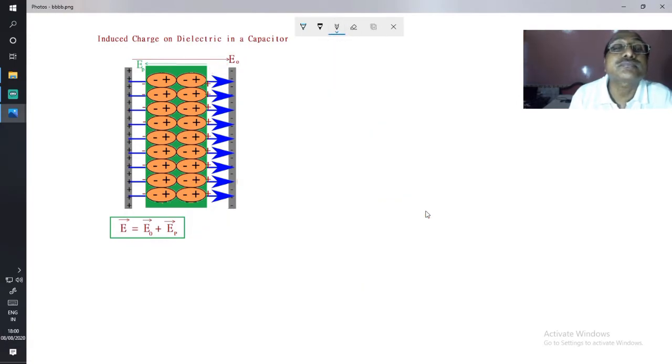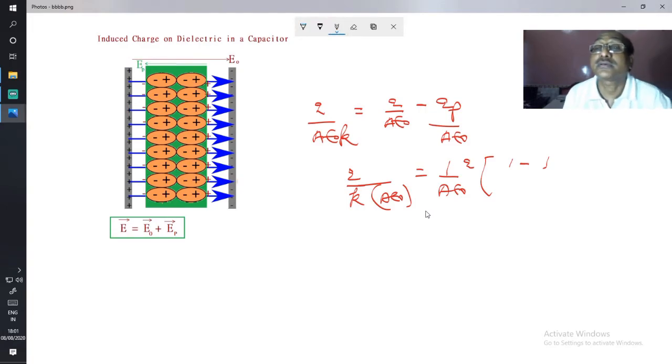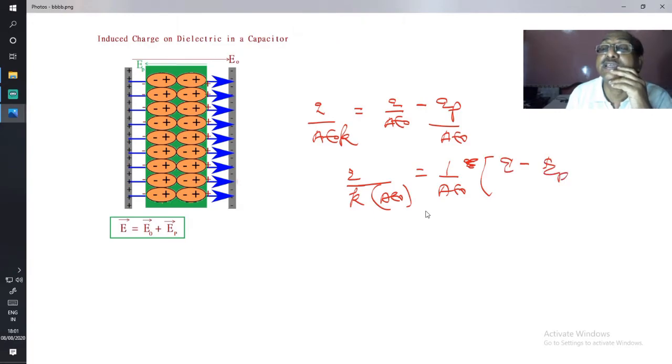Now, Q upon A epsilon naught K equals Q upon A epsilon naught minus QP upon A epsilon naught. Taking 1 upon A epsilon naught common, we get Q upon K equals Q minus QP.